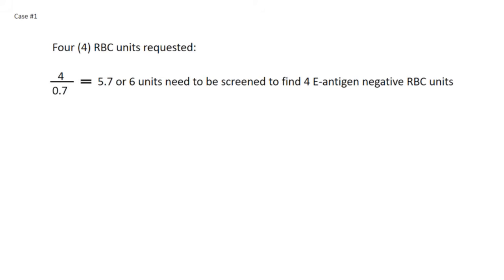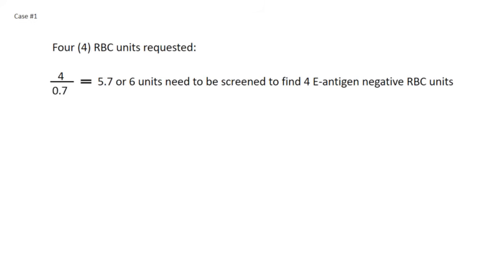The reason that we're using the antigen negative frequency is because when we crossmatch, we want to avoid the big E antigen in order to find compatible units. So if approximately 29% or 30% of the units are positive, then 70% of the Caucasian population would be negative.